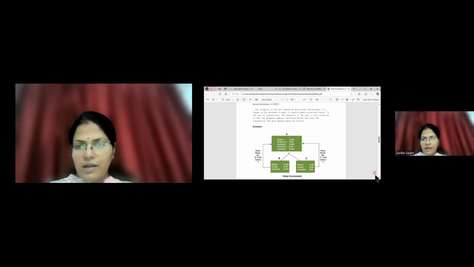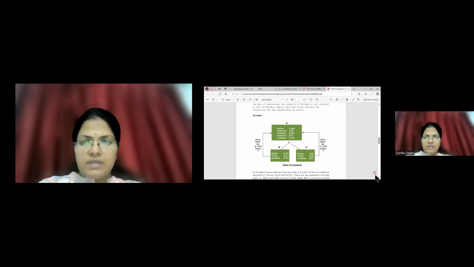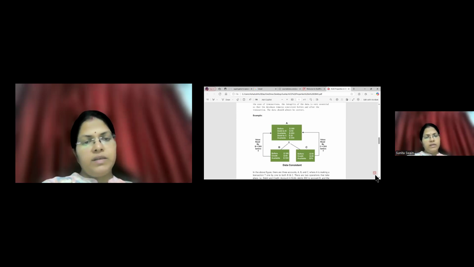Now, I see that second point, how the consistency feature is adopted. What is this consistency feature in database terminology? See, this is the account A, B, C. So before the transaction, $300 were present in A. Debit to B means from A it has been debited, and it should be credited to B as $50.